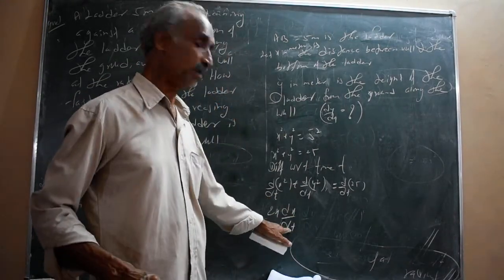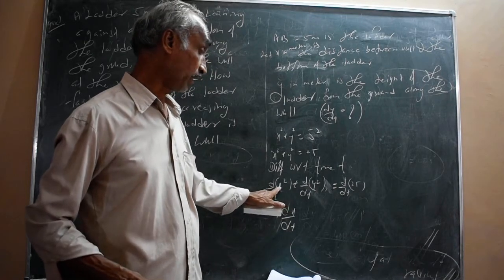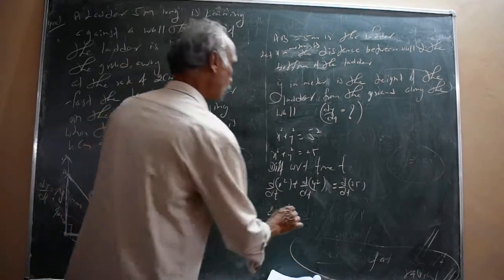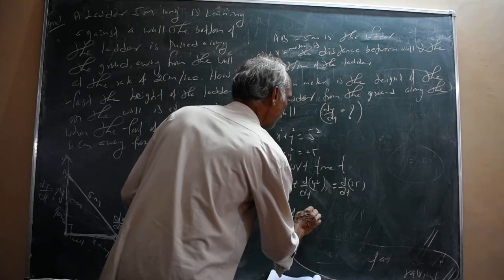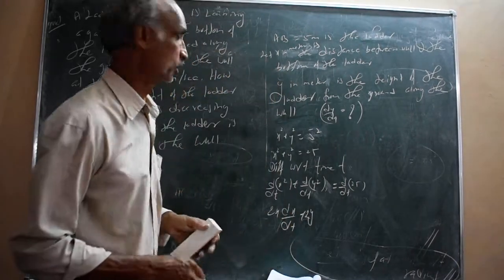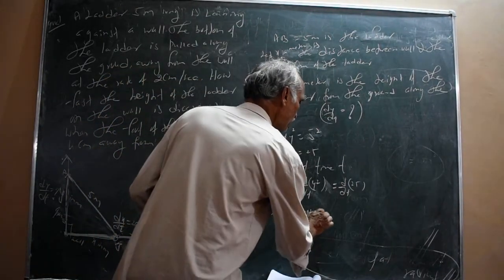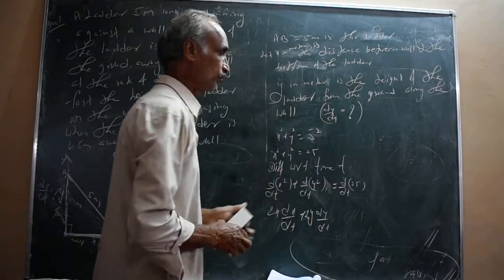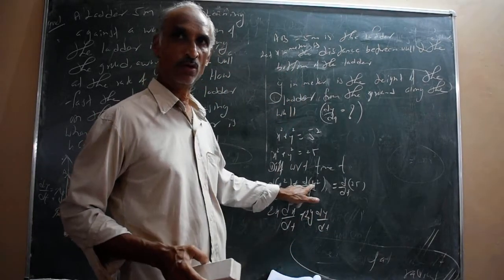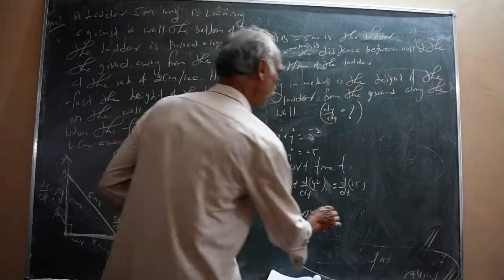Plus y square gives 2y, 2 into y raised to 2 minus 1. Y is with respect to t, therefore dy by dt. So 2x dx by dt plus 2y dy by dt is equal to 0.